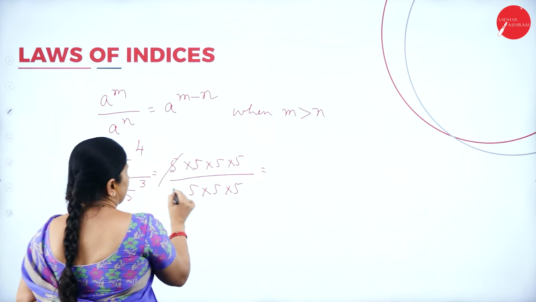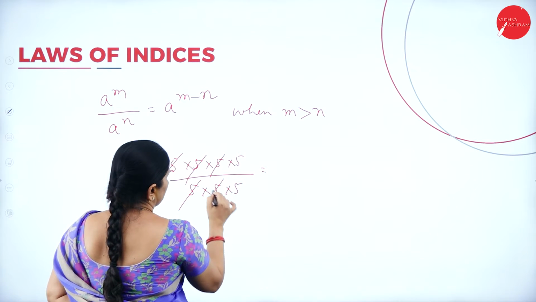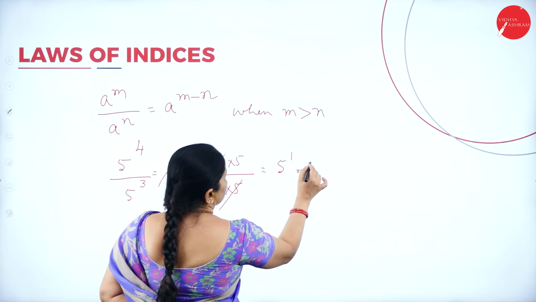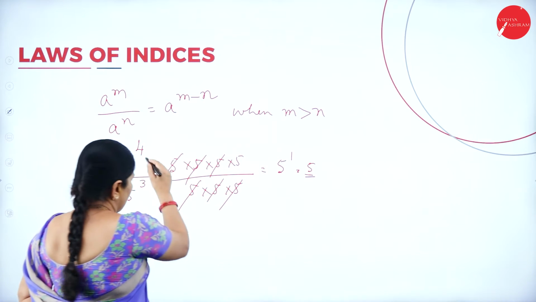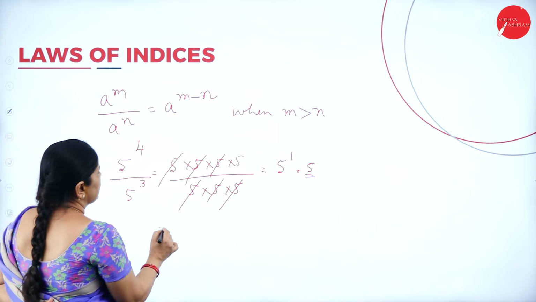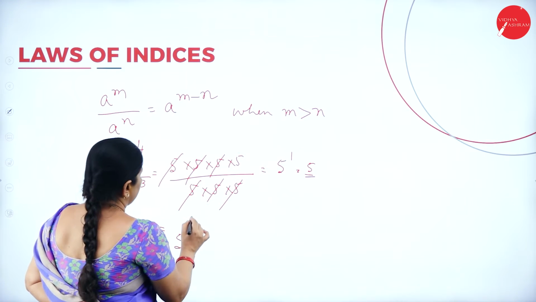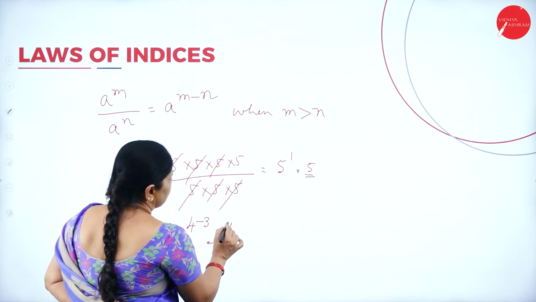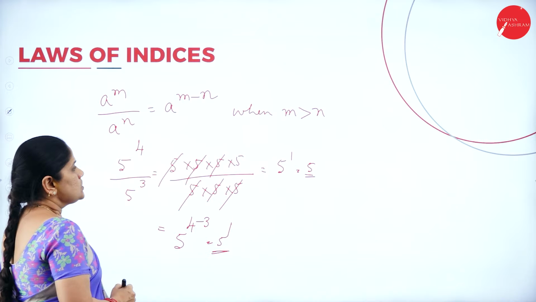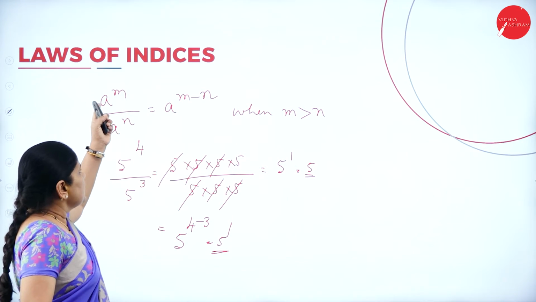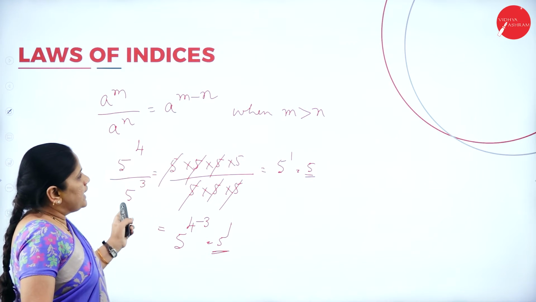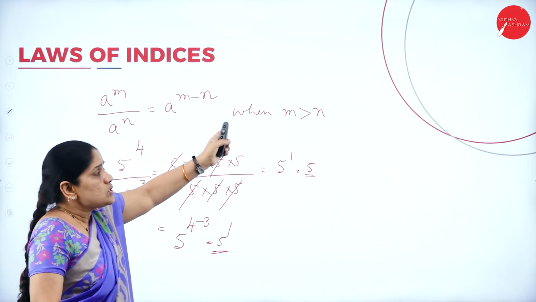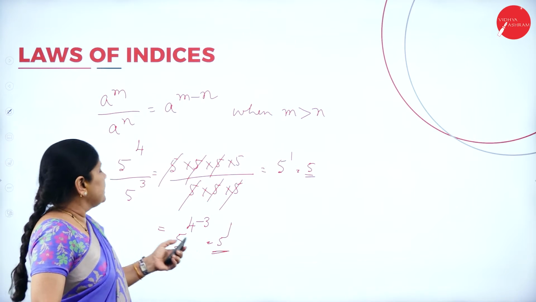If I simplify this, what is the answer I am getting? Only 5 to the power of 1, that is 5. Now if I apply this law of indices, I will get 5 to the power of 4 minus 3, that is also equal to 5 to the power 1. So we should understand that a to the power of m divided by a to the power of n equals a to the power of m minus n when m is greater than n.